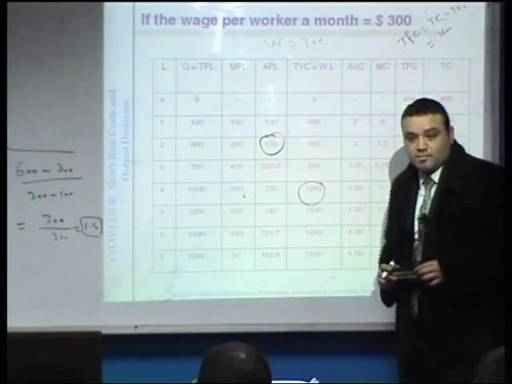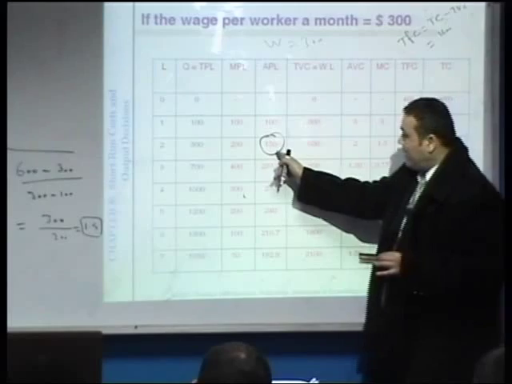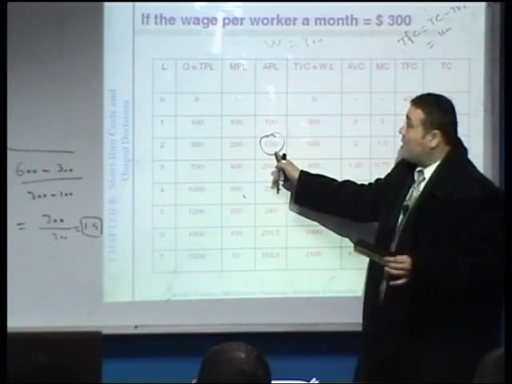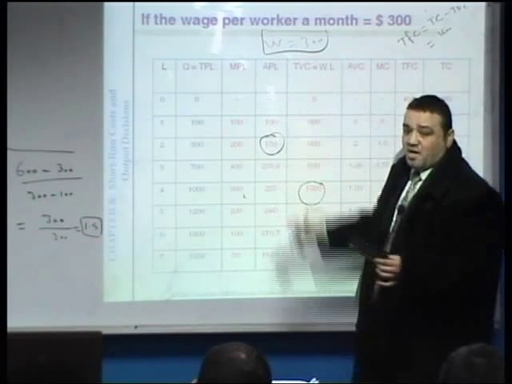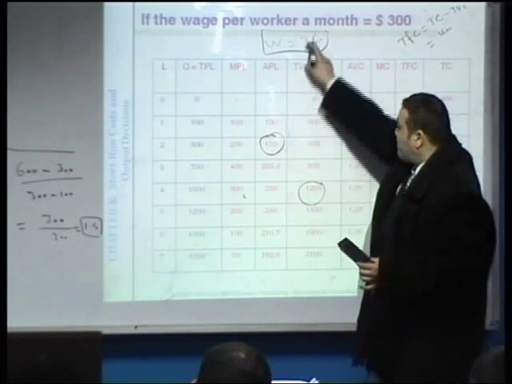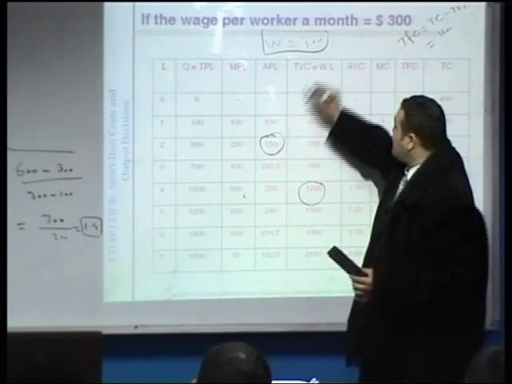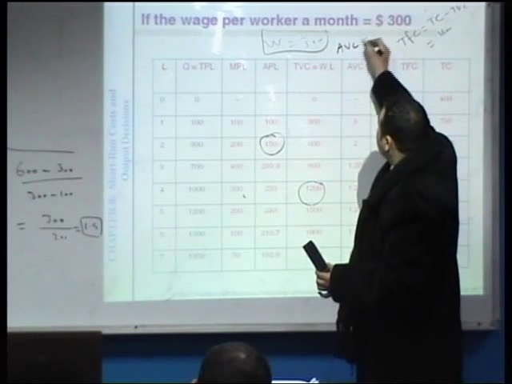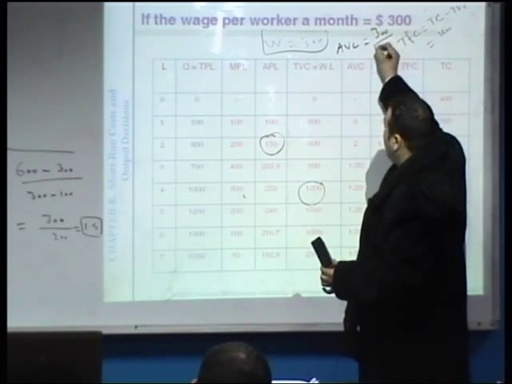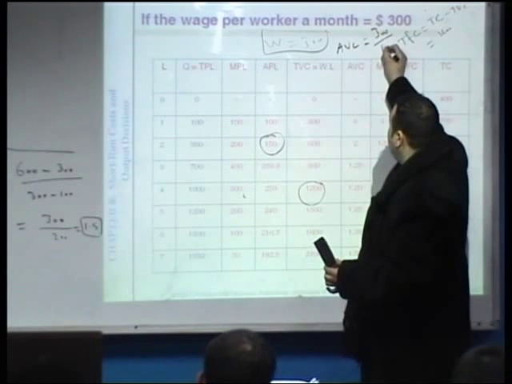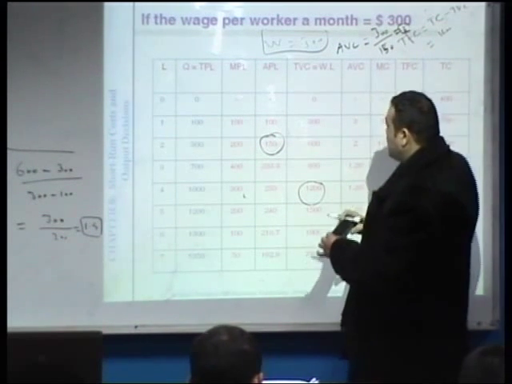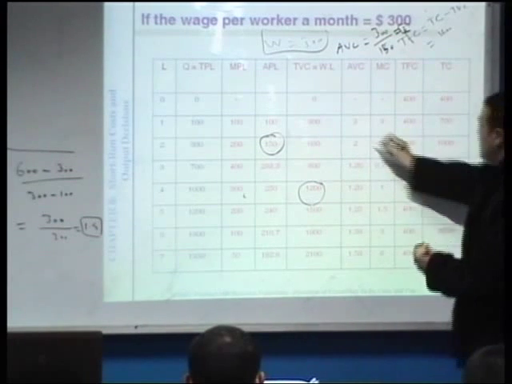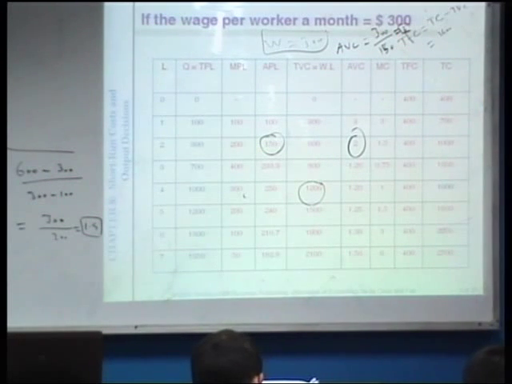Suppose that APL equals 150 and the wage equals 300. So how much is the AVC? It should be 2, because AVC equals W, which is 300, over APL 150, equals 2. Where is it? 2. So the formula is right.